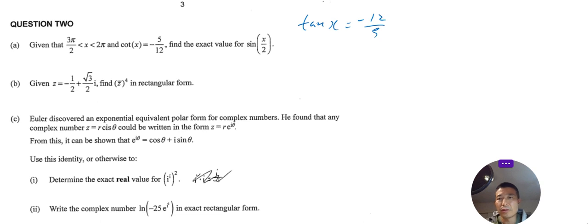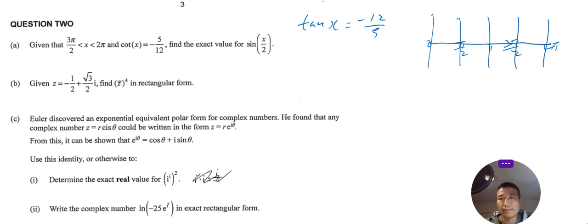Well, first of all, let me explain where x is. So 0, pi over 2, pi, 3 pi over 2, and 2 pi. Tangent behaves like this, so we are talking about in between 3 pi over 2 and 2 pi over here.